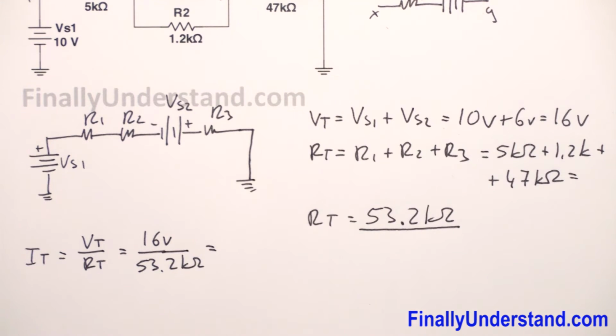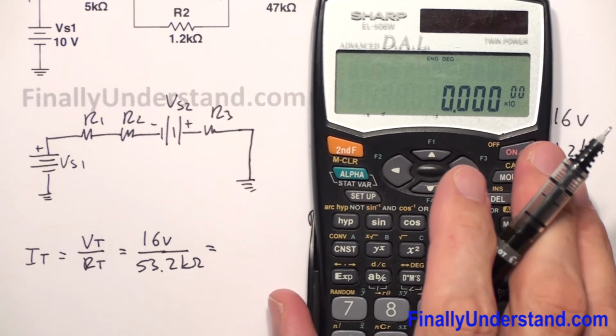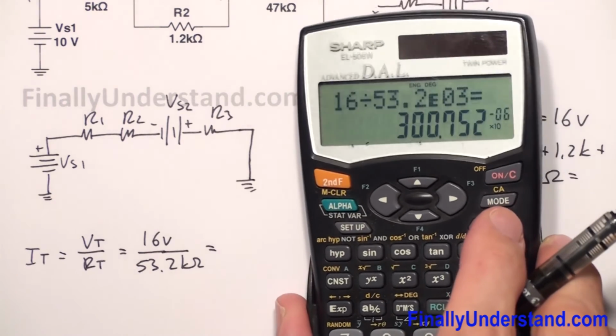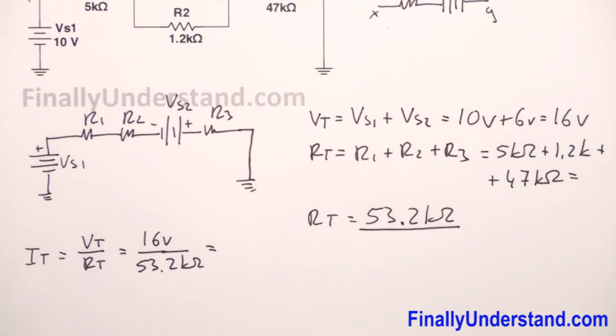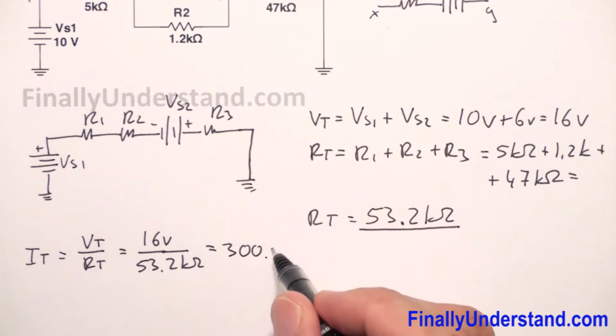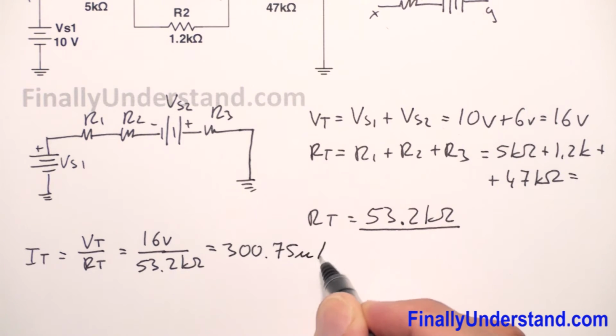This is equal to 16 volts divided by 53.2 exponent 3. This is equal to 300.75 microamps. This is my total current.